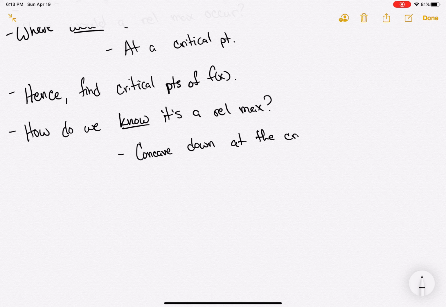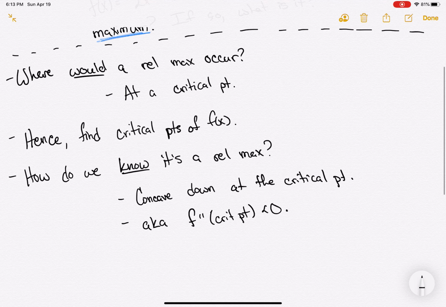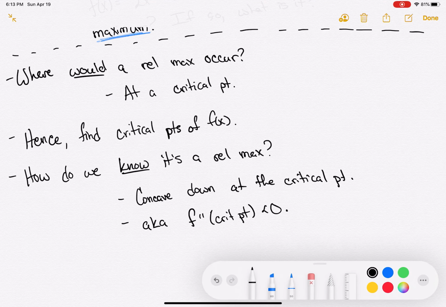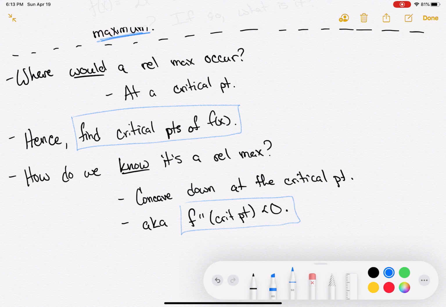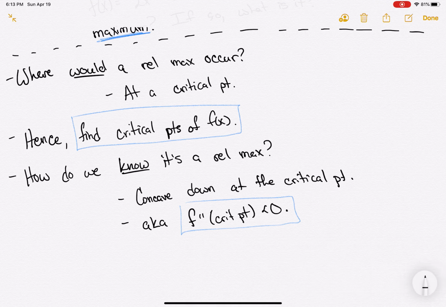Concave down at the critical point, also known as f double prime of the critical point is negative. So these are really the two things we need to find. We need to find critical points of f of x, and we need f double prime at that critical point to be negative. After that, we're good to go.